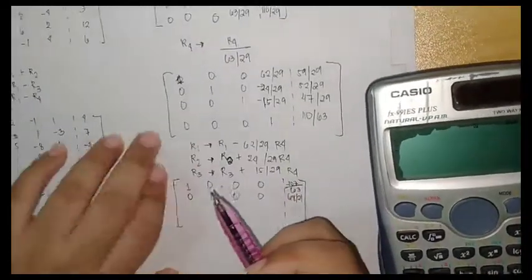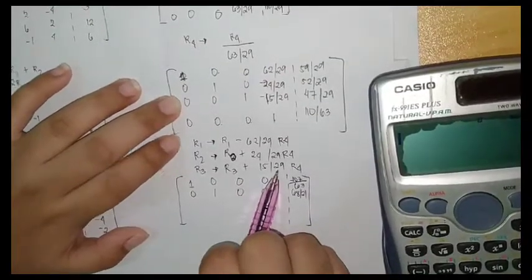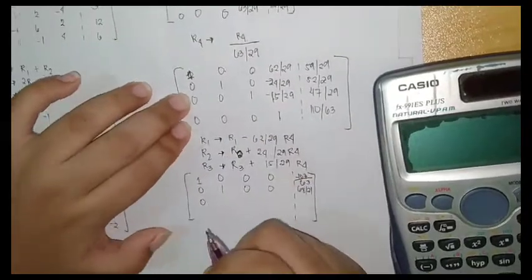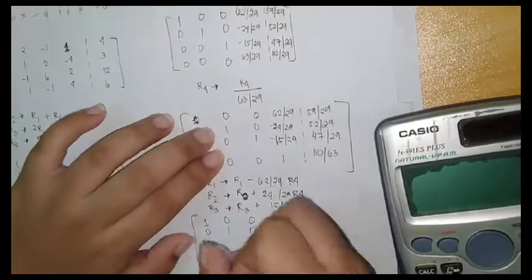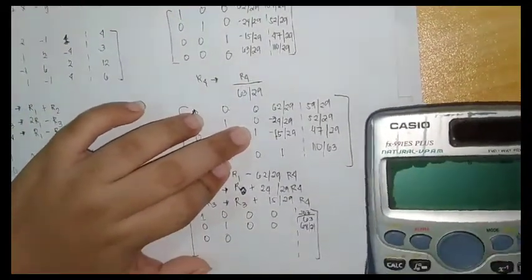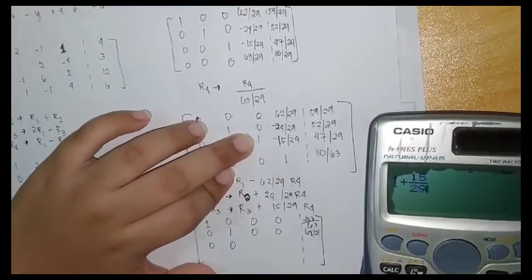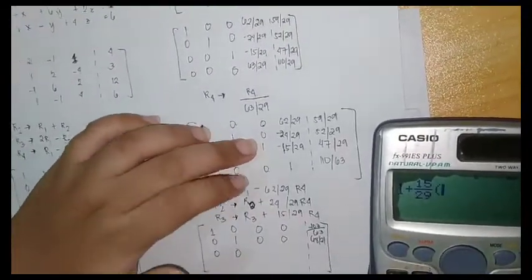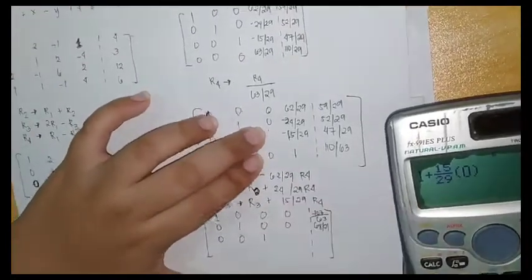So for R3 plus 15 over 29 times R4. So 0 plus 15 over 29 times R4 0, it's still 0. Next, again, since it's still 0 here, it's still 0. So 1 plus 15 over 29 times 0, so it's still 1.